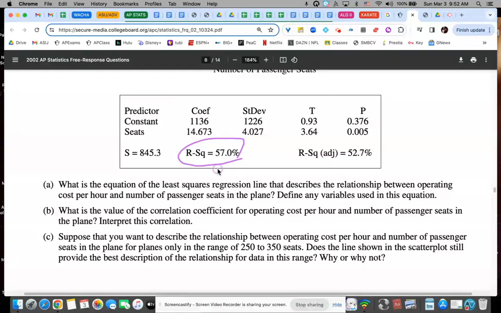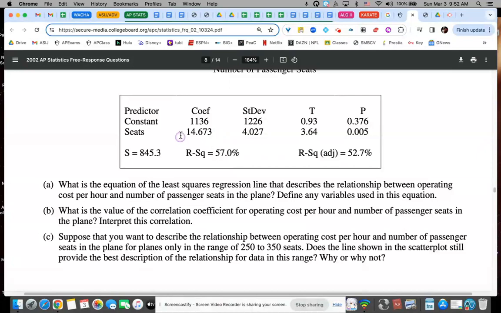But when you take the square root of this number, it's already been squared, so it's automatically going to be positive. When you square root it, you have to decide whether it's supposed to be positive or negative. That's a really important point that a lot of people forget. You have to look at your slope because the r and the slope go together. The slope comes from r, when you do z-scores and stuff.